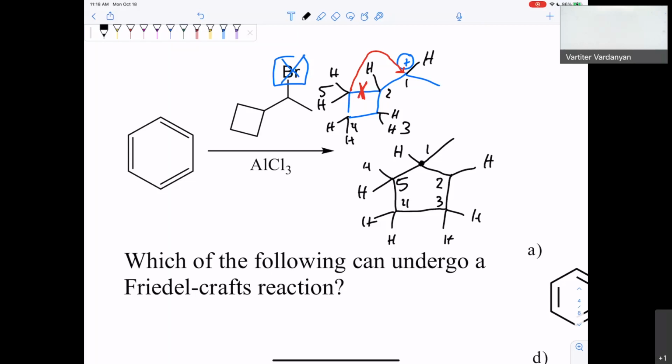Carbon number 2, because it's missing a hydrogen. Cool. So that's basically how you would do a ring expansion. But the way you can just think about it is if you have a 4-membered ring with a plus charge that's 1 carbon away, all you're going to do is make a 5-membered ring. Wherever your substituent is, the plus charge goes next to it.